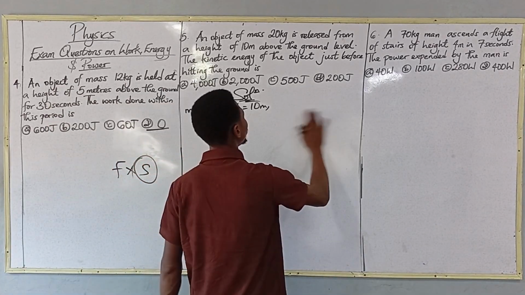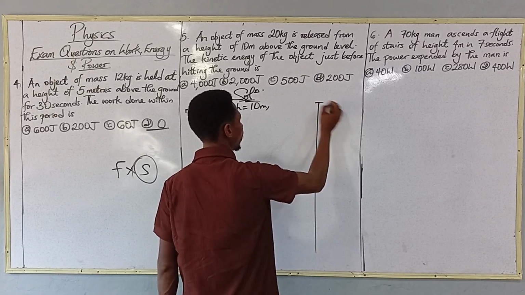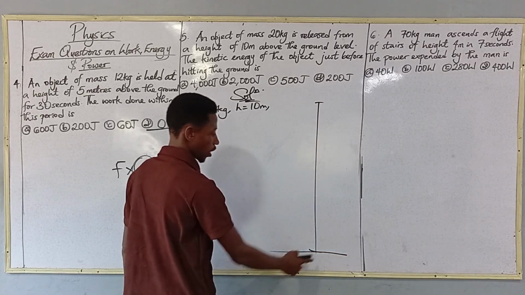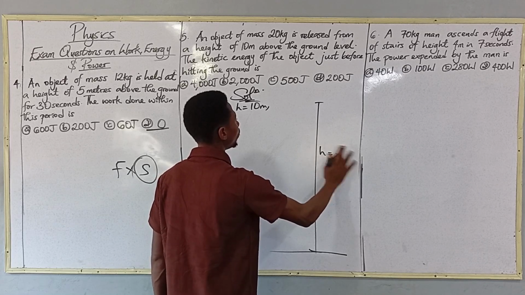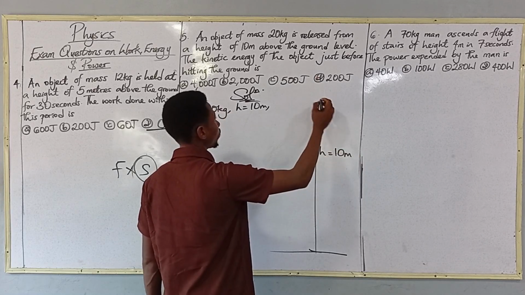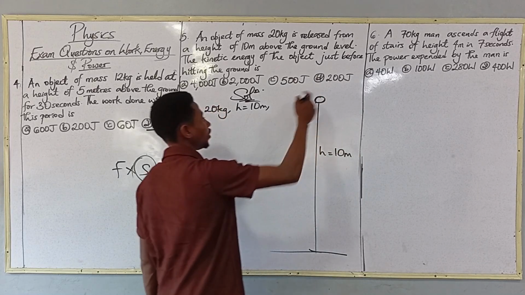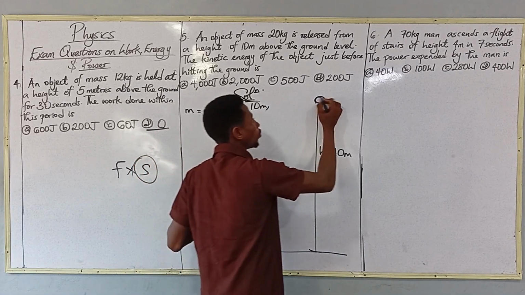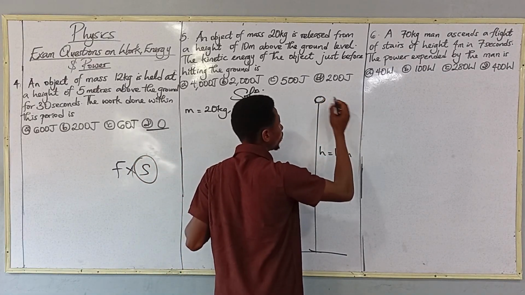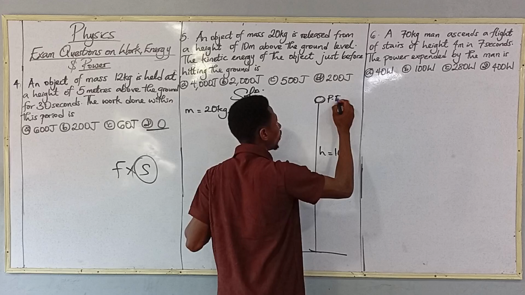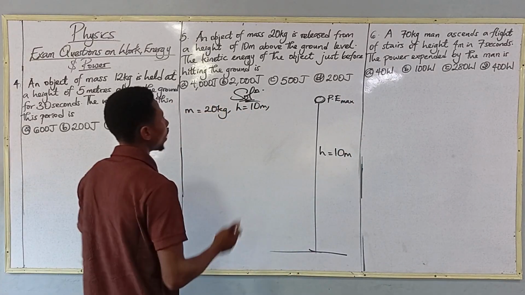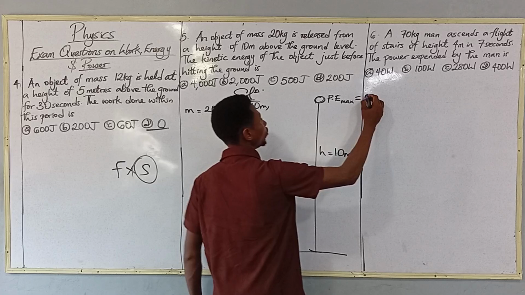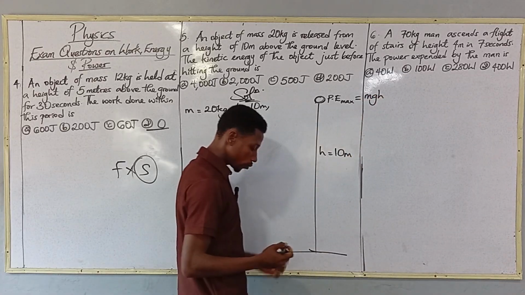When an object is at a height from the ground, let's assume this is the ground, the height in this case is 10 meters. They give us the mass. So when it is at this height, at rest, before being released, it has potential energy. In fact, it has maximum potential energy. And to calculate that maximum potential energy, we use mgh.